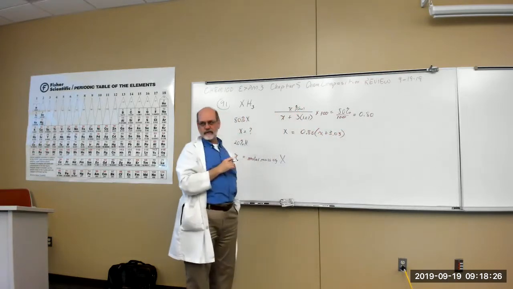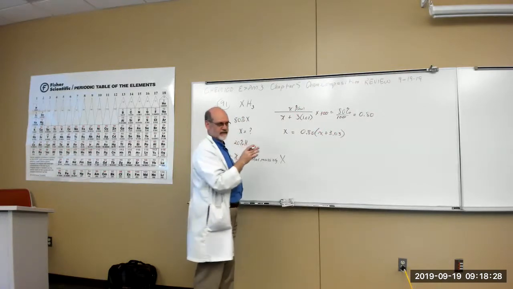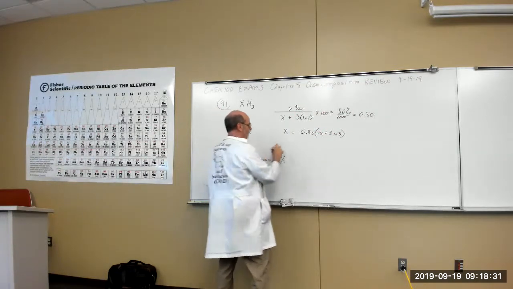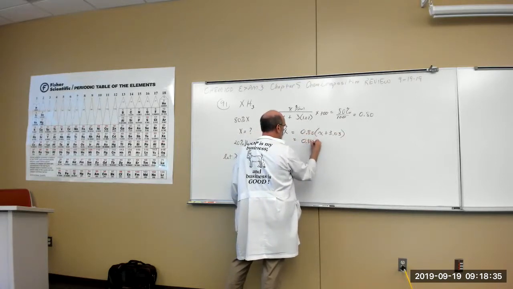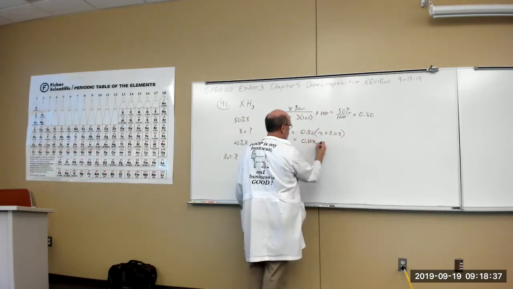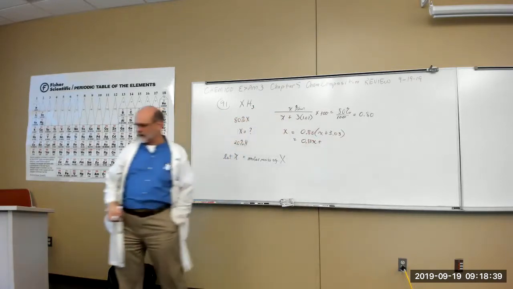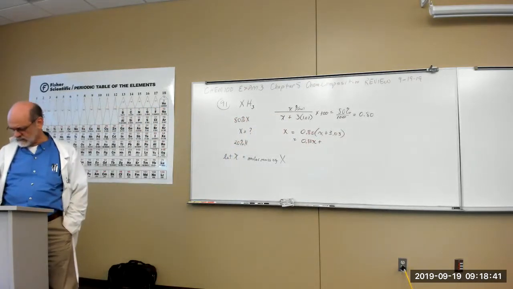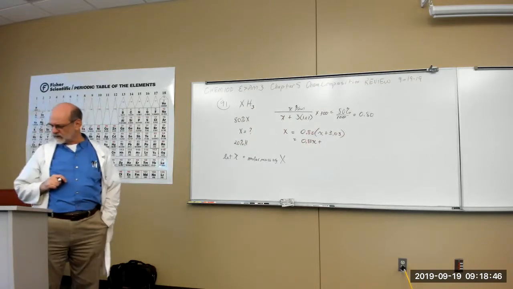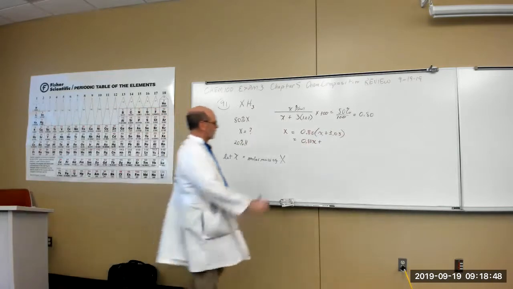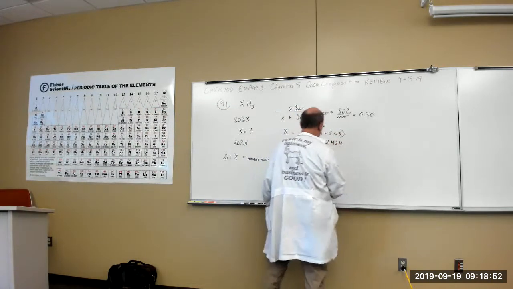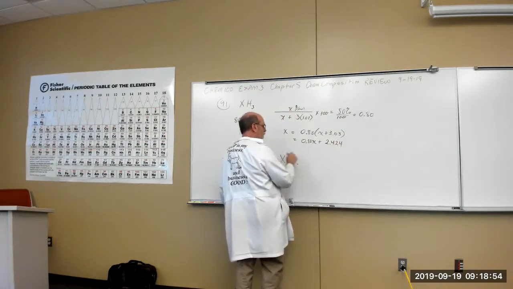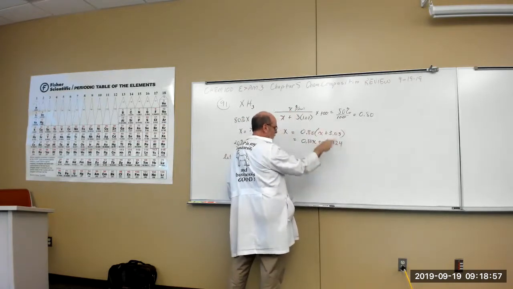Everybody see how I got that far? Now we expand this one: 0.80x plus, what's 3.03 times 0.8? It is 2.424.